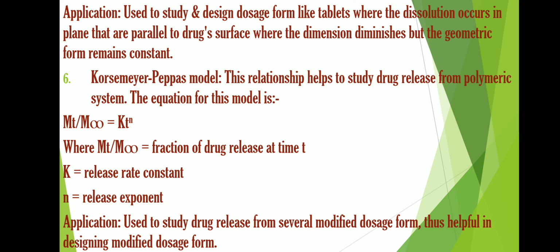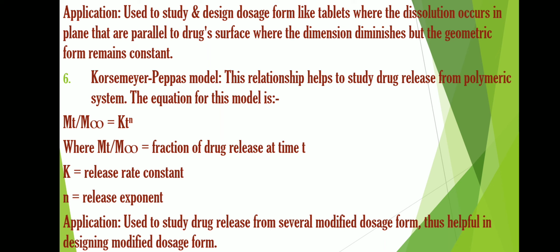n is the release exponent, so t to the power n represents the power of time which is taken by the drug to release. Talking about the application, it is used to study the drug release from various modified dosage forms.